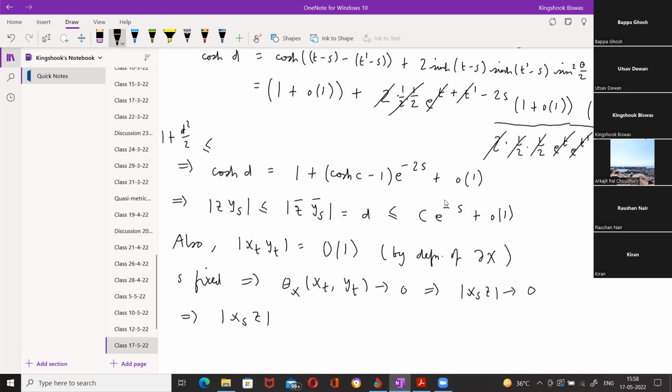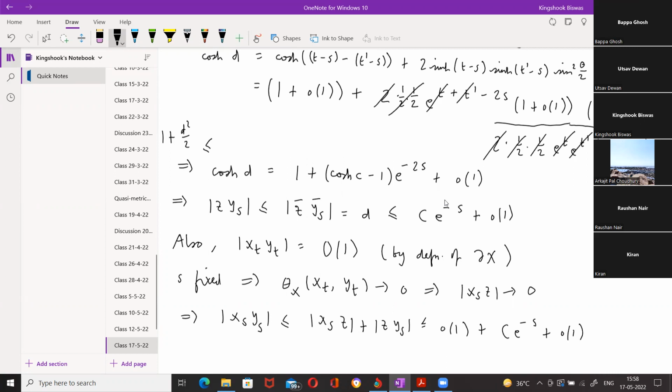So that implies that the distance xs, ys is less than, by the triangle inequality, xsz plus zys. And xsz is little o of 1, and zys is less than a constant e to the minus s plus little o of 1.